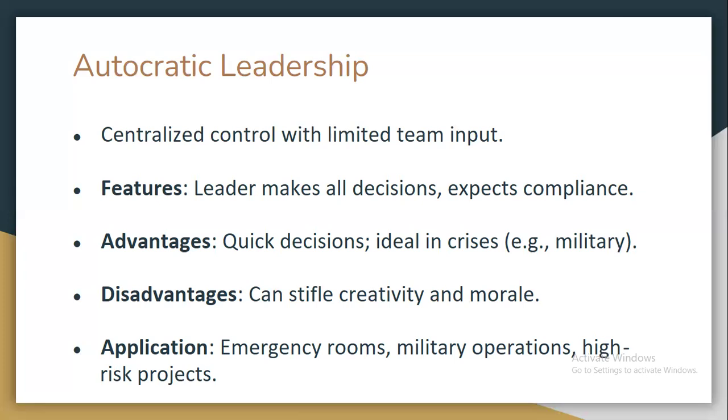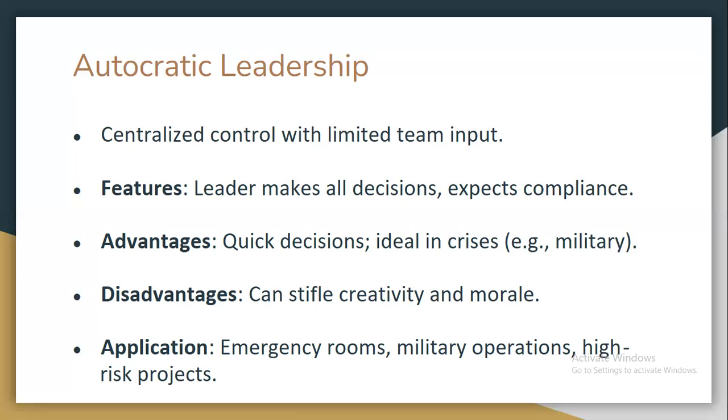So, with autocratic leadership, you realize that there is centralized control where most of the authority resides with the leader. And there's also very limited team input. People are not able to contribute to decision making. They are not able to make suggestions. There's nothing from the followers. All they do is receive instructions from the leader as and when it comes.